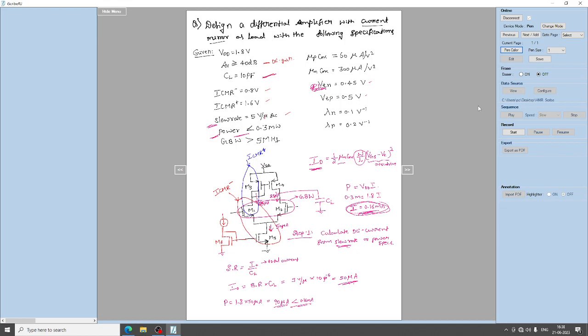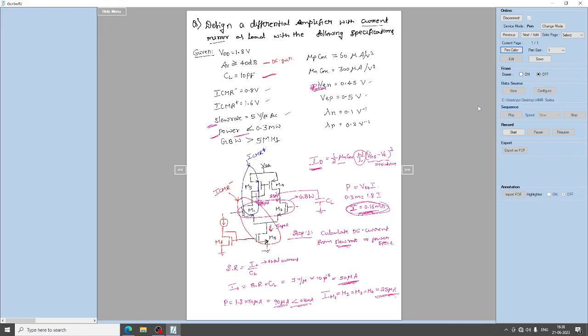It should be less than that. Since it is less, we can consider 50 microamps as the maximum current used for the design. So we have found the current flowing through all the transistors M1, M2, M3 and M4, which are all equal to 25 microamps, right? So this is the first thing we have found.